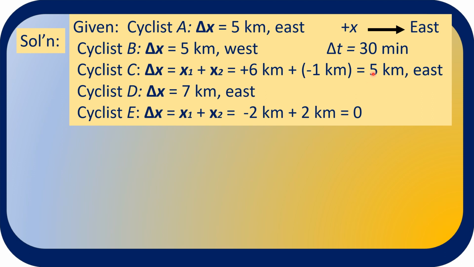We also emphasize that the positive x direction is going eastward, and that each cyclist took a trip of delta t equal to 30 minutes, or half an hour.